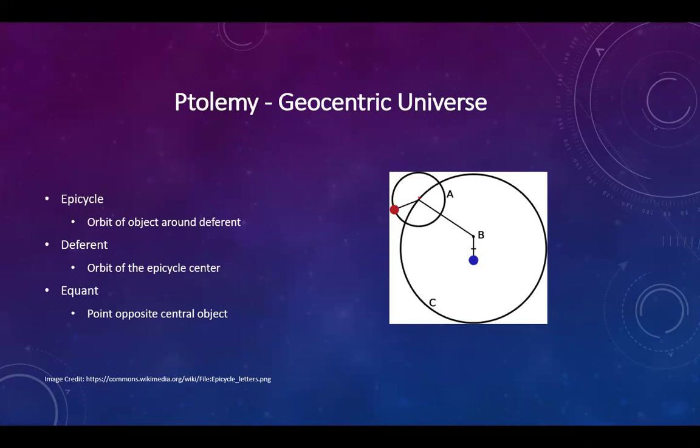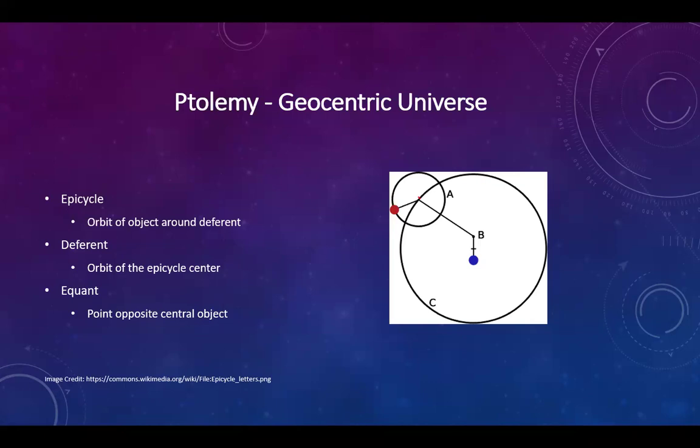Turns out, if you have enough circles on circles, you can make any curve, any pattern you want. So if you keep going with this sort of epicycle structure, you can, in theory, create anything. But because most of the orbits of the planets are actually pretty close to circular, this works with only a few epicycles.